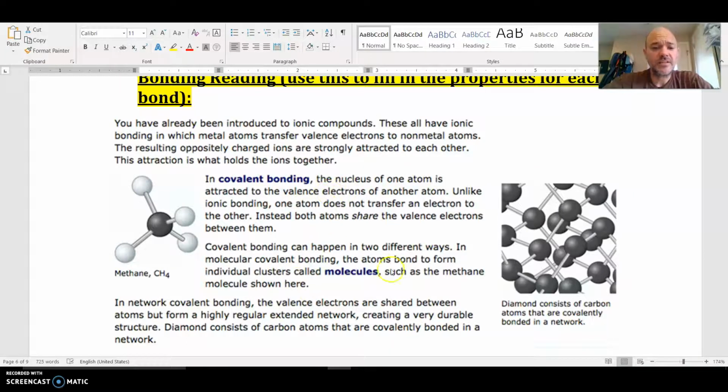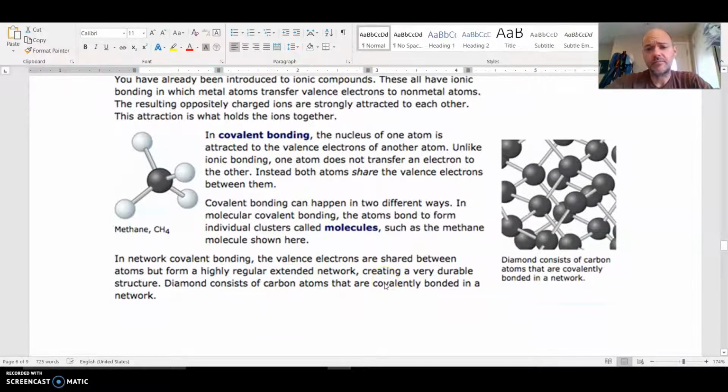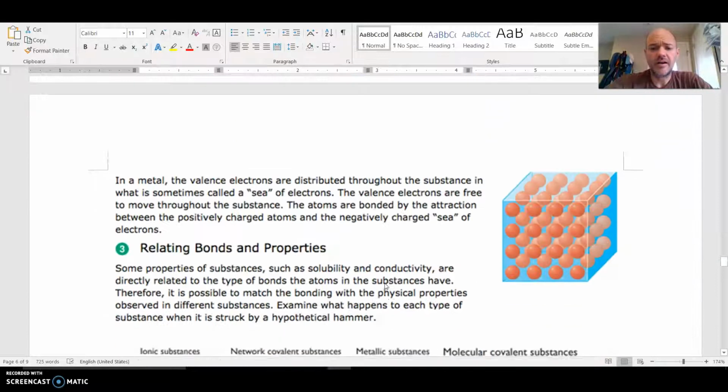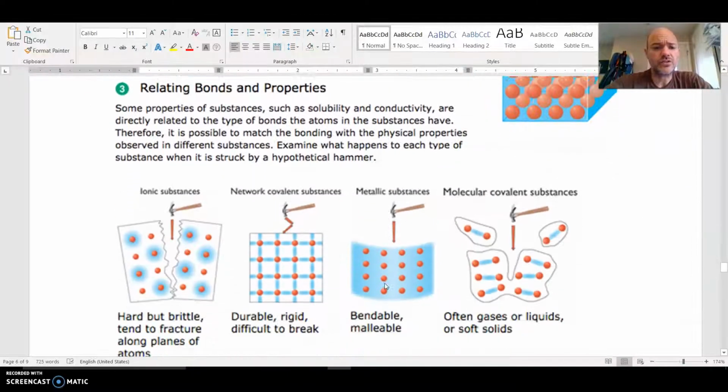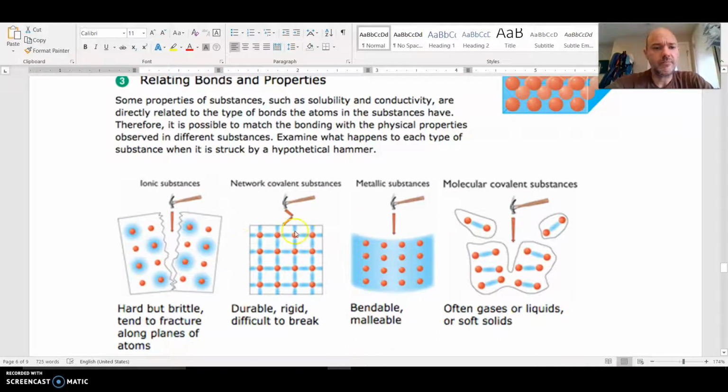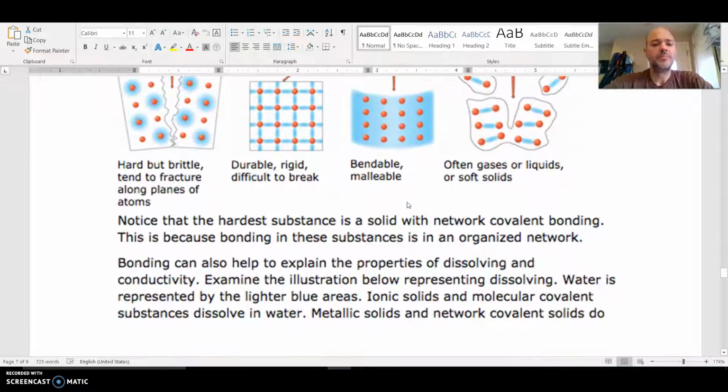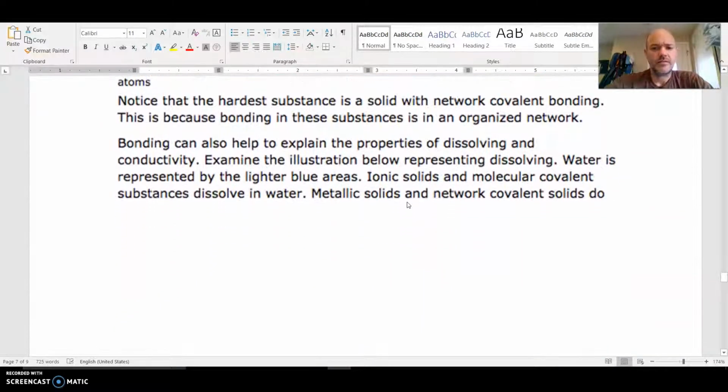Covalent bonding, molecules, network covalent bonding, things to think about. I'm not going to go through this too much, but here's a good place for you to think about the hardness of the substance right here. Bonding can also help explain the properties of dissolving and conductivity.